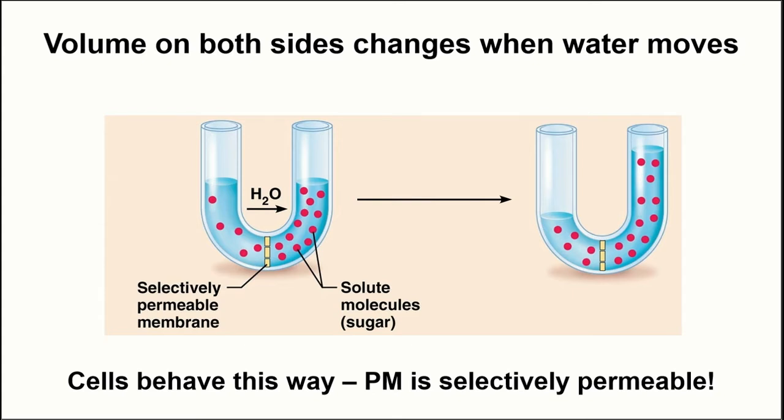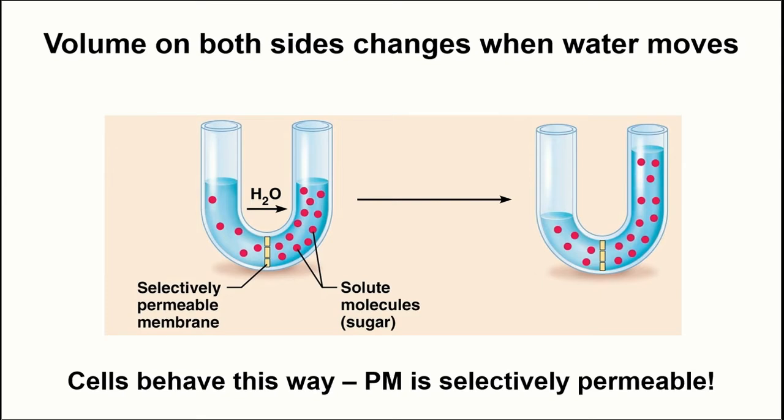So our simple example that we used with those two containers is a pretty accurate model of how cells in our body behave, because what cells like to do is hang on to a certain number of solutes, or a certain concentration of solutes like salts, sugars and things like that, proteins within their cytosol. And those things are generally not as easily able to cross the plasma membrane as water is.